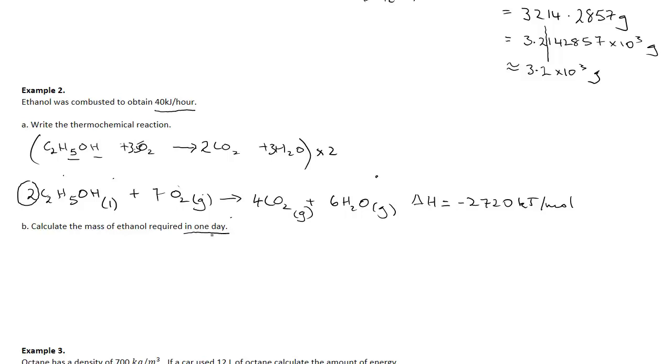So 1 day contains 24 hours. From our information at the top there, ethanol is combusted to obtain 40 kilojoules every 1 hour. So let's just consider how much ethanol is used in 1 hour.